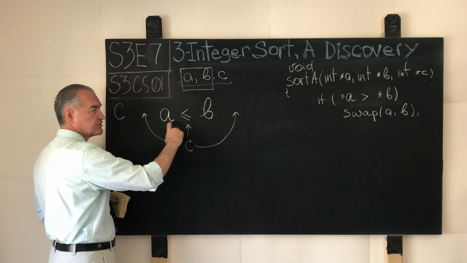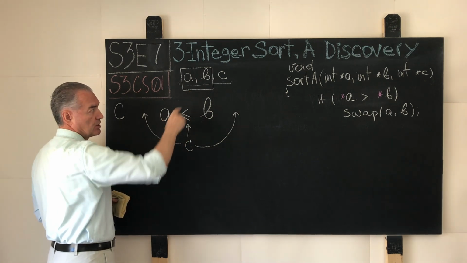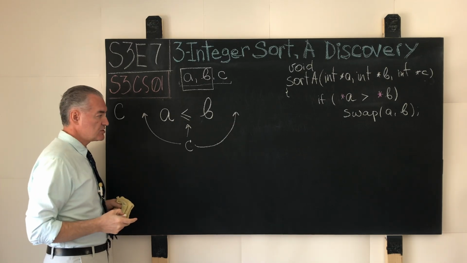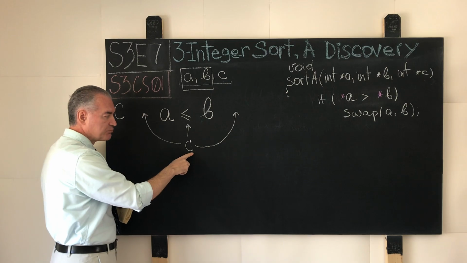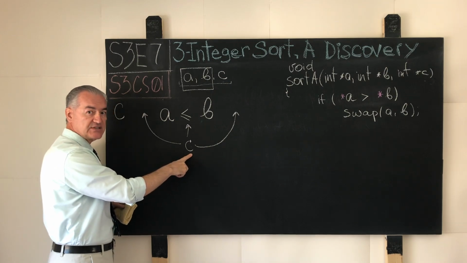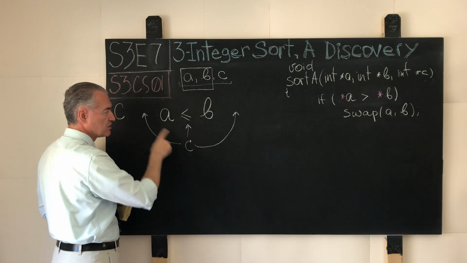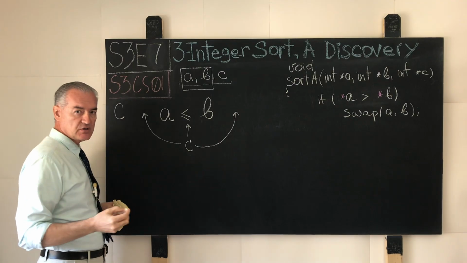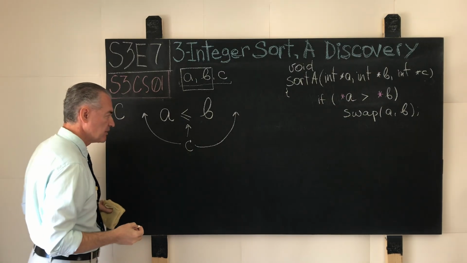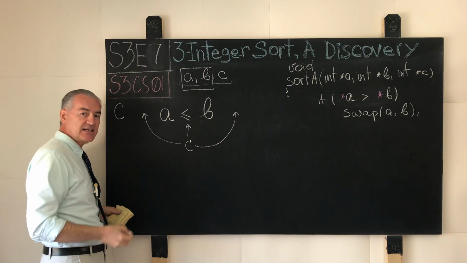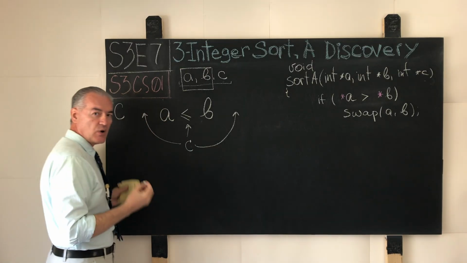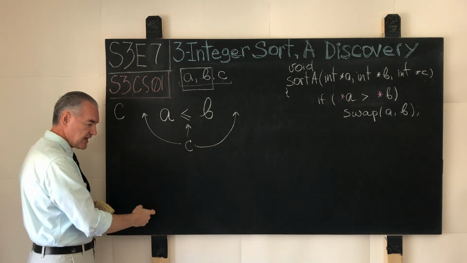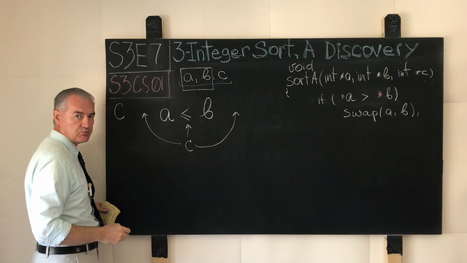The way we solve this smaller problem of sorting 2 integers, we can solve the larger problem, sorting 3 integers, because now the act of placing the coin named C or the integer named C correctly in order to honor the requested sorting order, ascending or descending, whatever the case may be, can be done using exactly the same test and swap idea. Once the discovery is made, we can use, reuse, and abuse it in a good way. And that is the essence of the reduce and conquer problem solving approach.